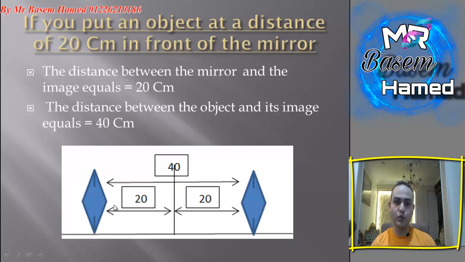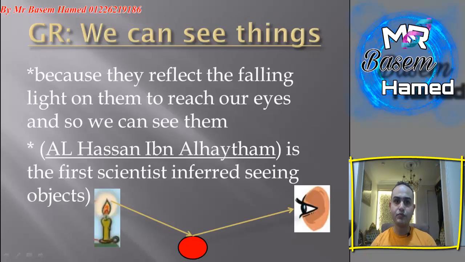The distance between the mirror and the image equals 20, and the distance between the object and the image equals 40 centimeters. But if you want to calculate the distance between the image and the mirror, it equals 20, like the distance between the object and the mirror. So it's easy.